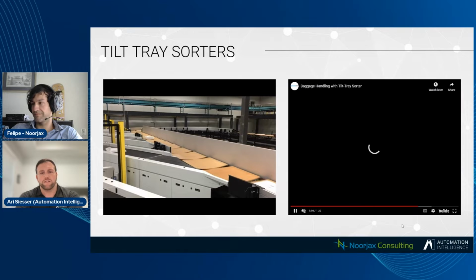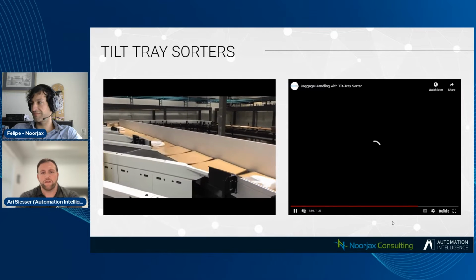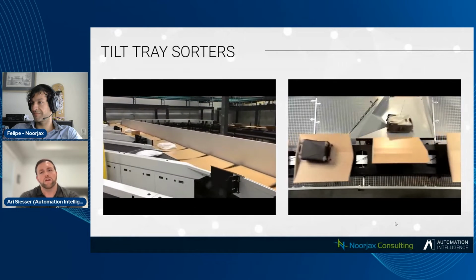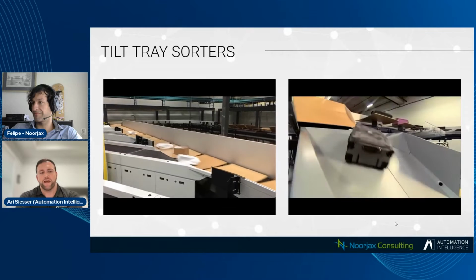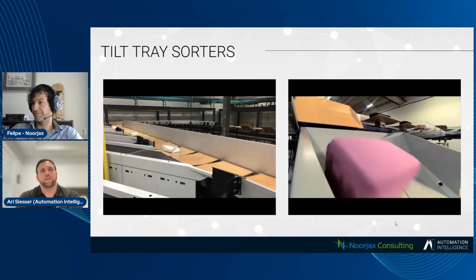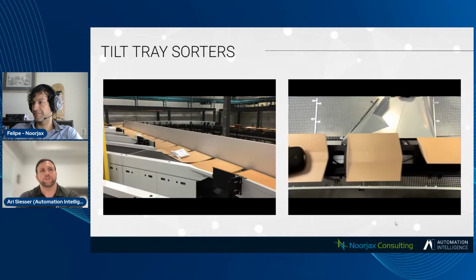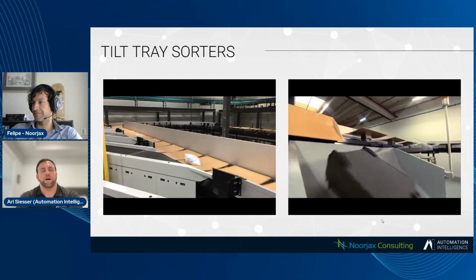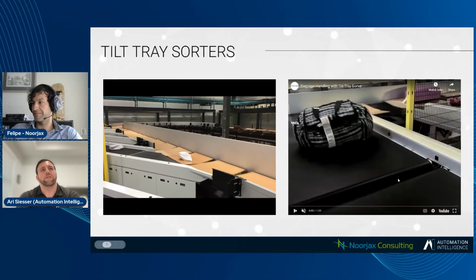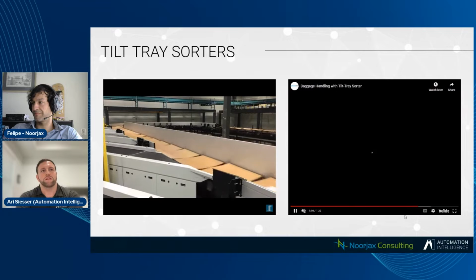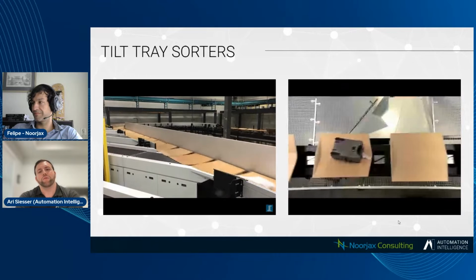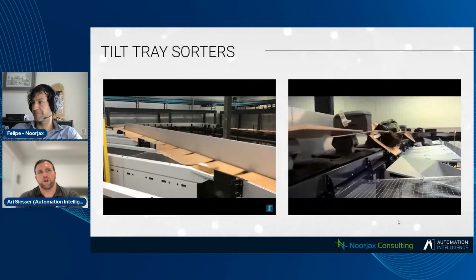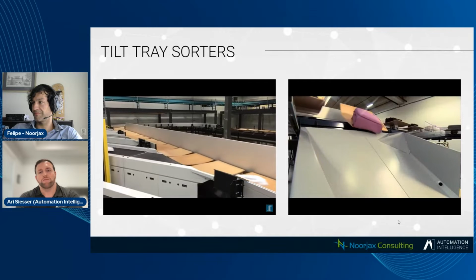Additionally, the trays can have different lengths. In the examples you see here, they're the same length, but they can have different lengths. Additionally, discharges can't happen back to back. So as you see here on the right, as parcels are being discharged, after one parcel is discharged, we need time for that lane to reset.